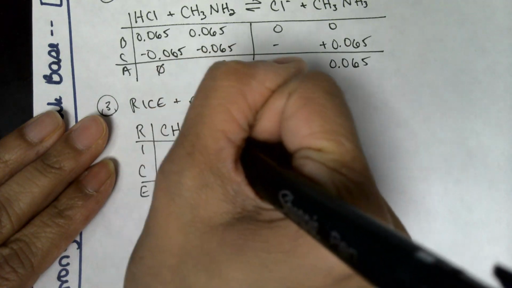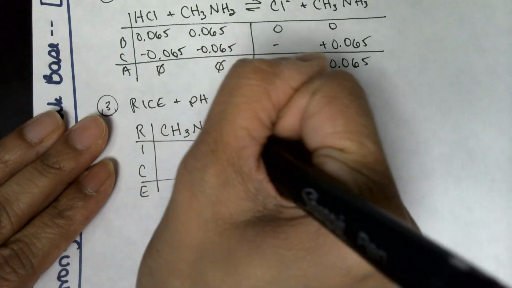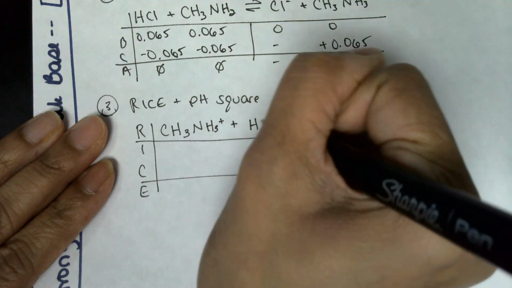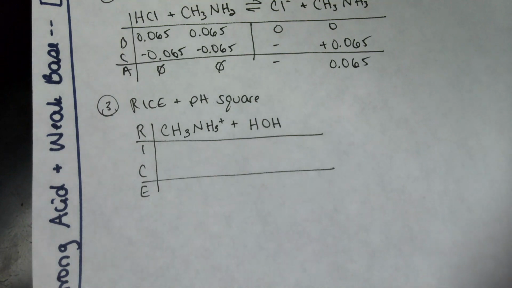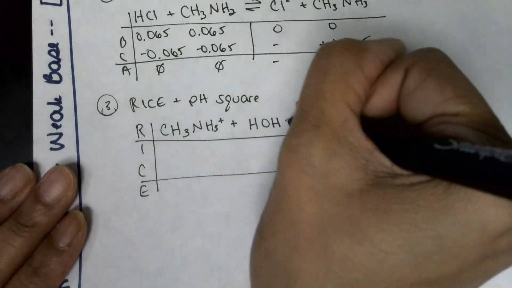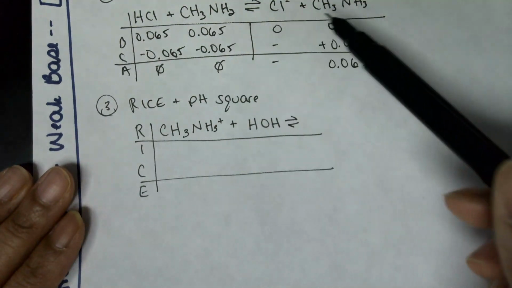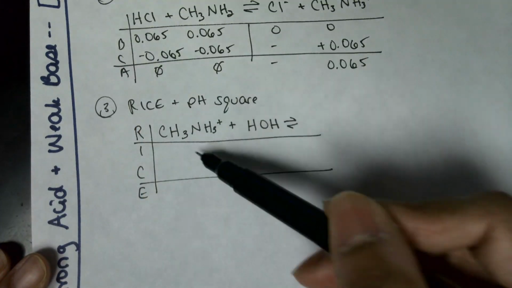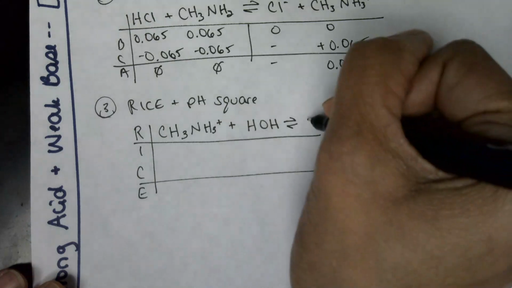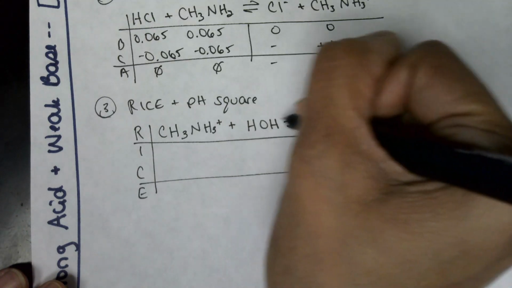I'm going to go a little bit slower for this part for you guys. I'm adding this to water, and then we can see what ends up happening at the end. So if you even want to make a note, when you have equimolar of both, for the ICE table, add your conjugate acid to water, and then see what you end up with.